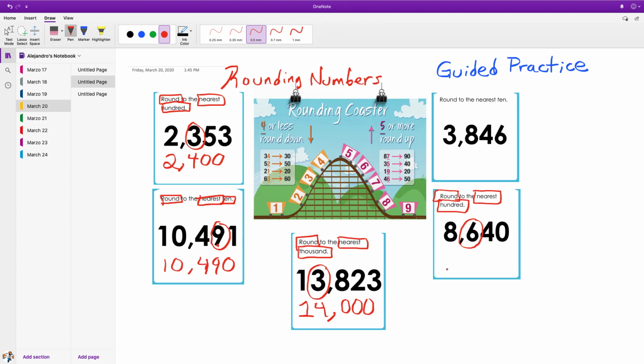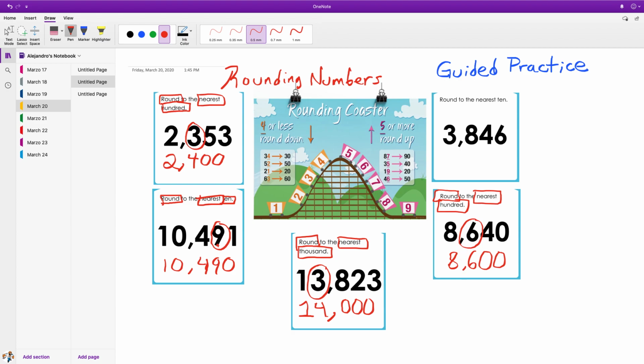Now I'm gonna look on the number that is on the right, which is a 4. And the 4, if I look at the visual, the 4 goes down, right? So the 8 stays the same, comma, the 6 stays the same, and the last 2 now become 0, 0, because we are going down. And the new number is 8,600.